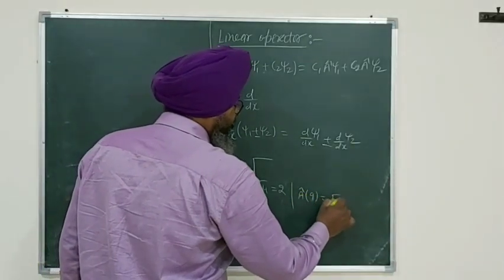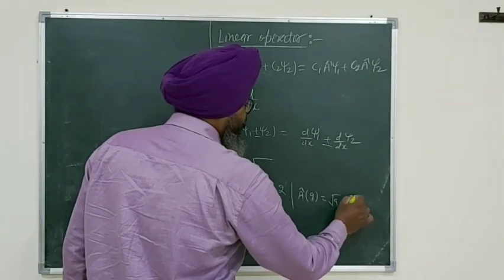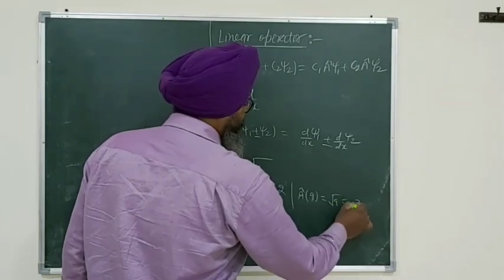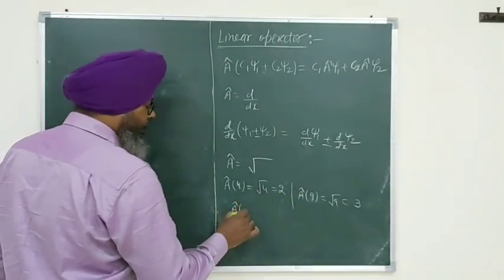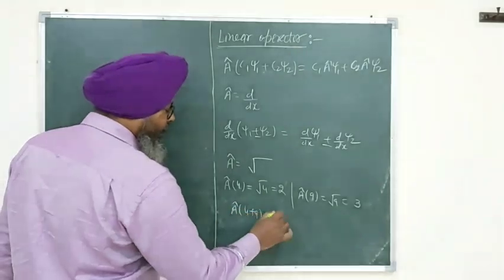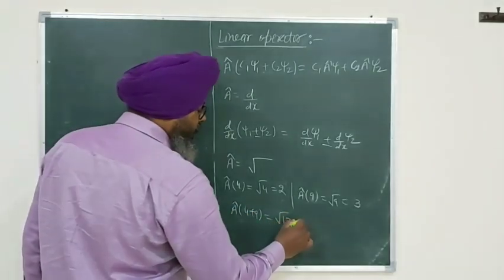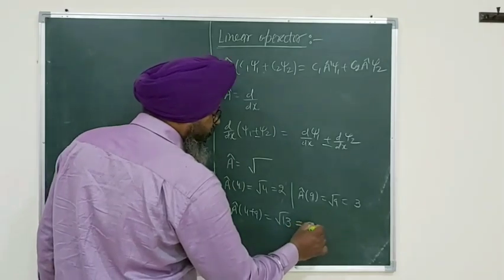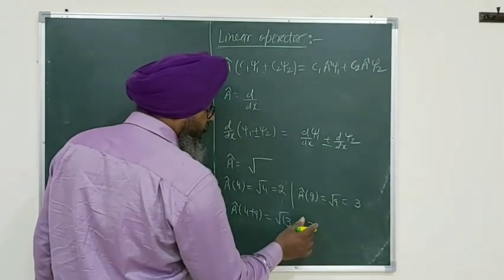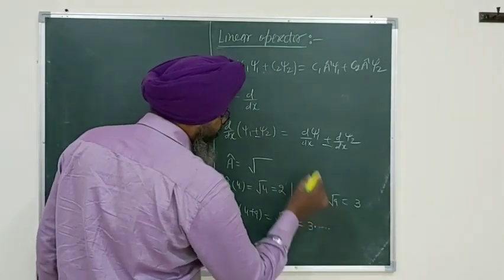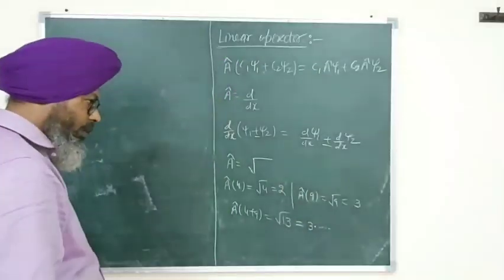That will be square root of 9, which is 3. And what would be A cap of 4 plus 9? That will be equal to square root of 13, which will be 3 point something. You can check it on the calculator.